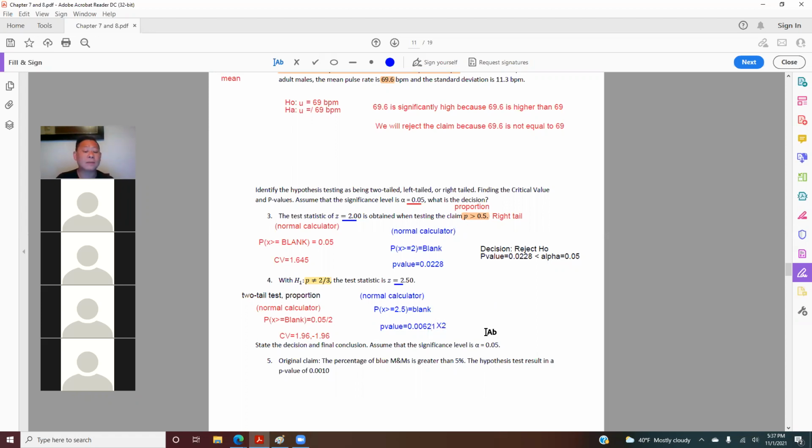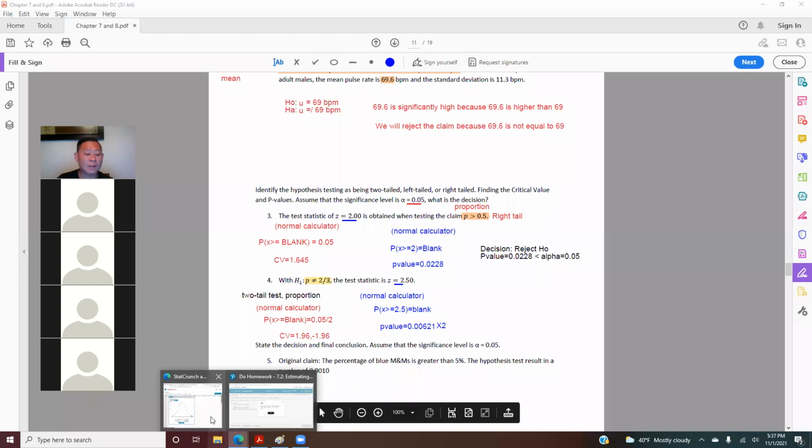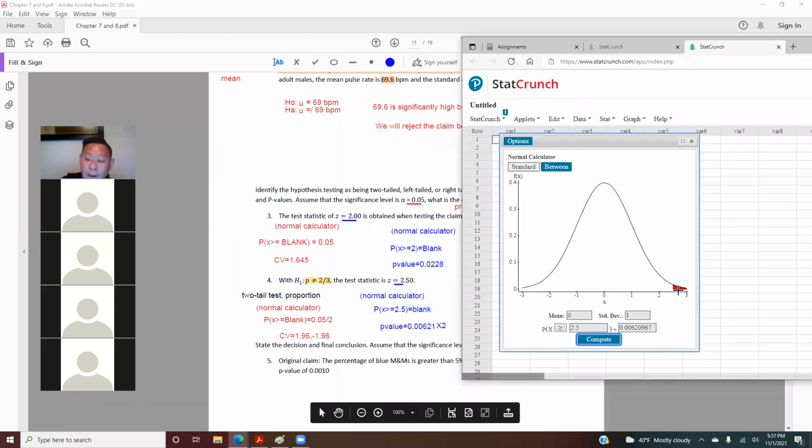The reason why you need to double it is because if you look at your area, it is only one side. You told me this is a two-tailed test, so the other side has exactly the same value. So this is also 0.00621.